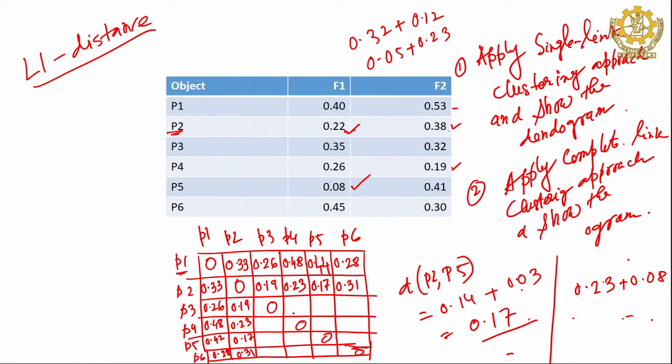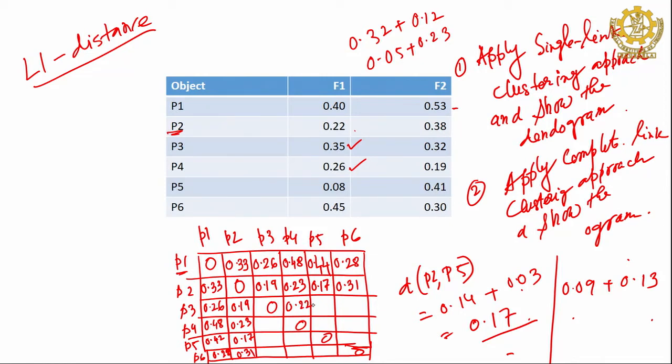So this is 0.17, 0.31. Then P3 P4, so this is 0.09 plus 0.13, so 0.22.